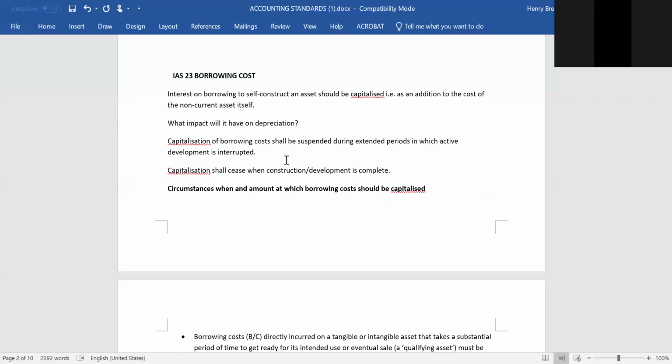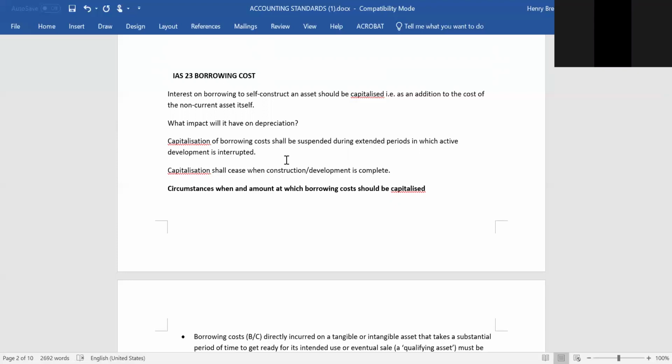So the main metric here is that they've gone for a loan and they're using the loan to self-construct an asset. If they go for a loan and do not use it to self-construct an asset, we will not talk about IAS 23 in that regard. So interest on borrowing to self-construct an asset should be capitalized. So we are only going to capitalize the interest cost as part of the value of the property.